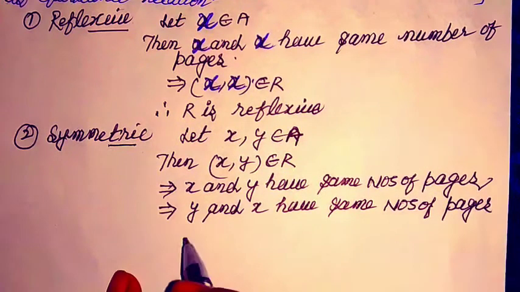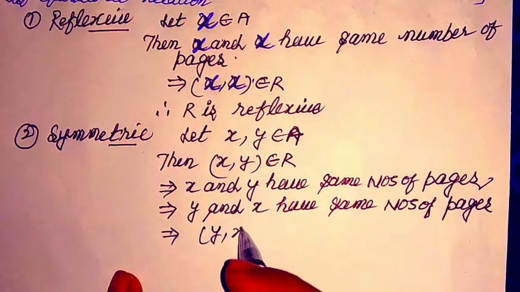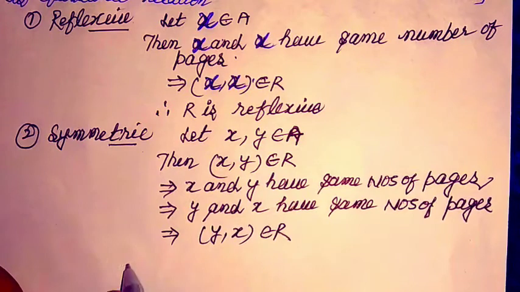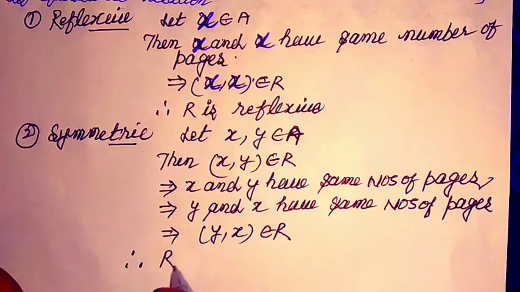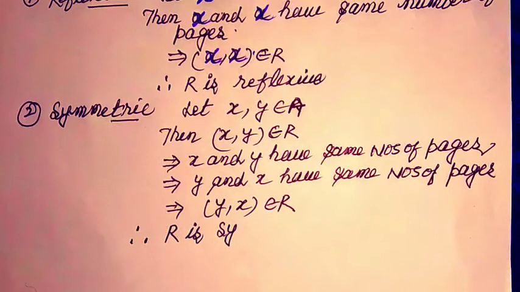So we can say (y, x) belongs to R. In this condition, therefore R is symmetric. We can easily write.